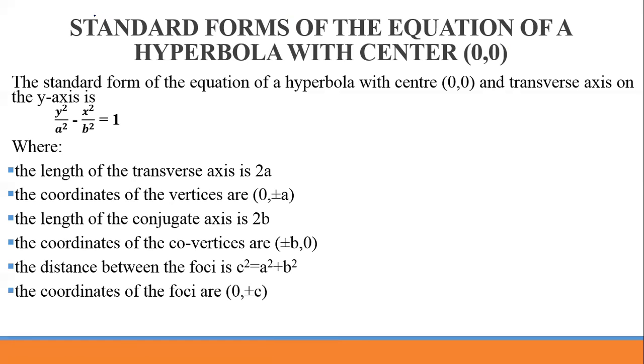The coordinates of the foci are 0 plus and minus c. The equations of the asymptotes are y equals plus and minus a over b x.